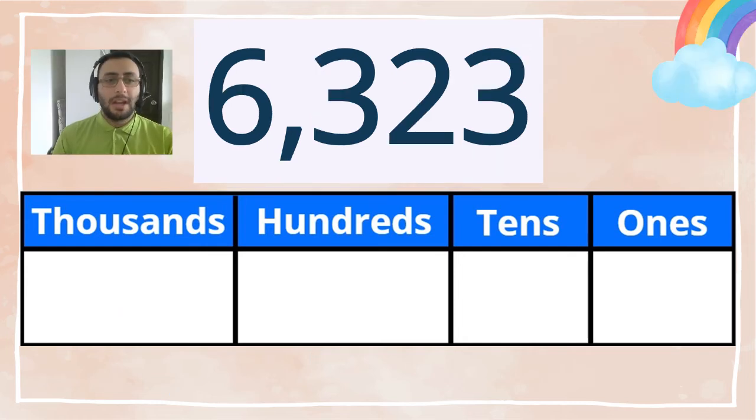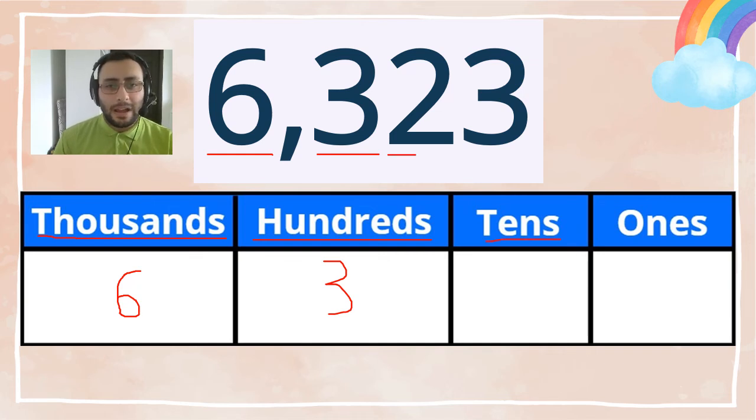Let's do another one. Ooh, okay. This one, let's put it in the place value first. First question, how many thousands do we have? We have 6 thousands. How many hundreds do we have? We have 3 hundreds. Okay, okay. How many tens do we have? We have 2 tens, which is 20, right?